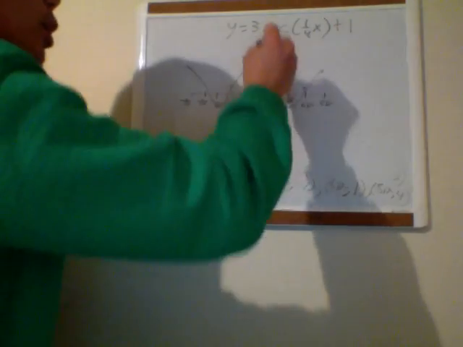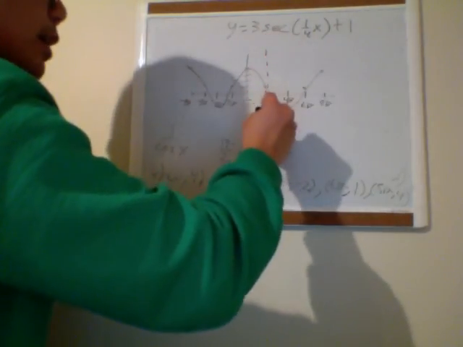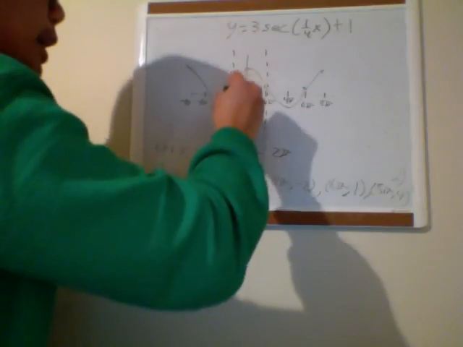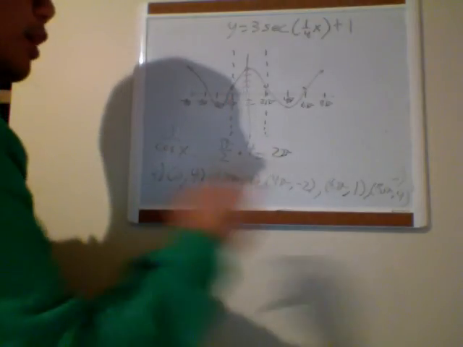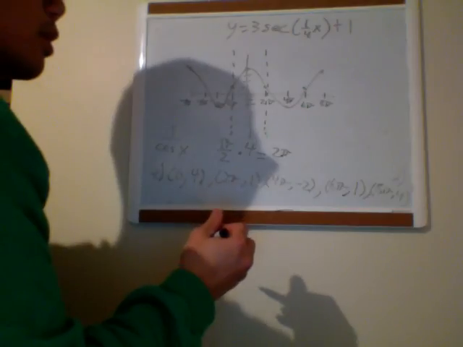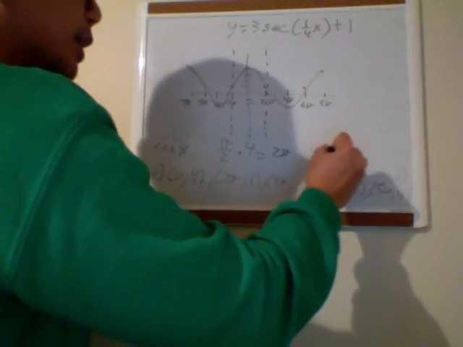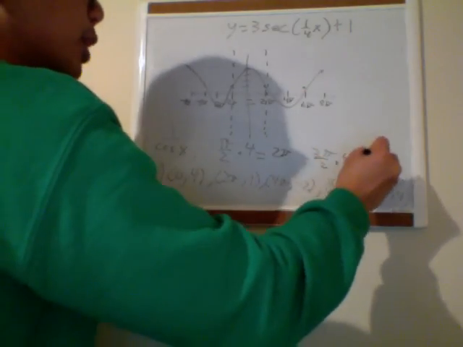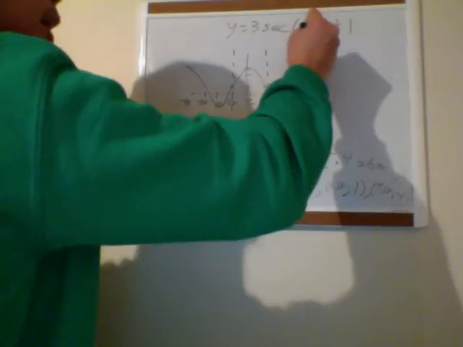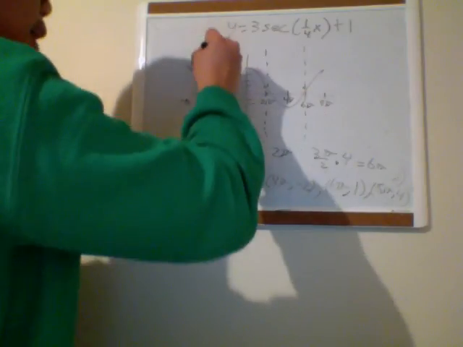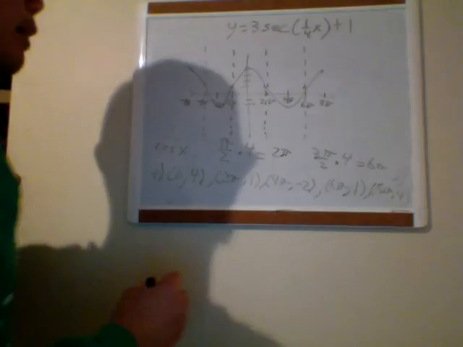Okay? So I know that at 2 pi and at negative 2 pi, I am going to have asymptotes. And if I had 3 pi over 2 as an asymptote, if I multiply that by 4, I'm going to have an asymptote at 6 pi. So I know at 6 pi and at negative 6 pi, I have an asymptote.